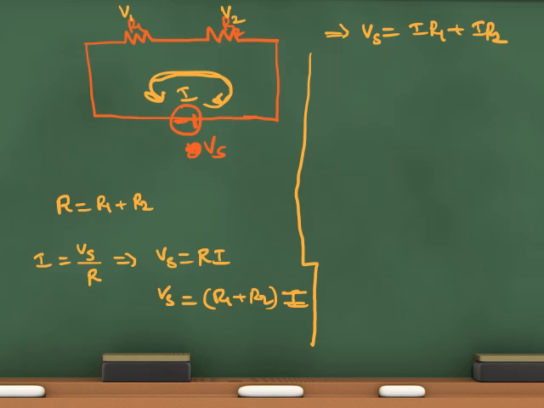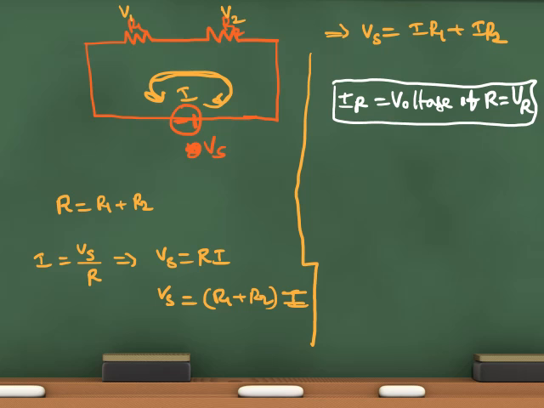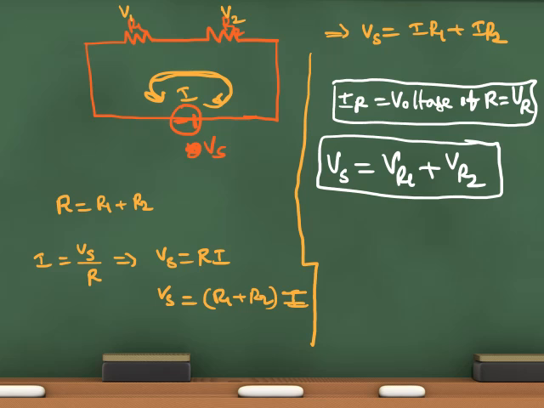We know that IR is the voltage across a resistor. So from this relation Vs can be written as VR1 plus VR2. It's a very good relation.